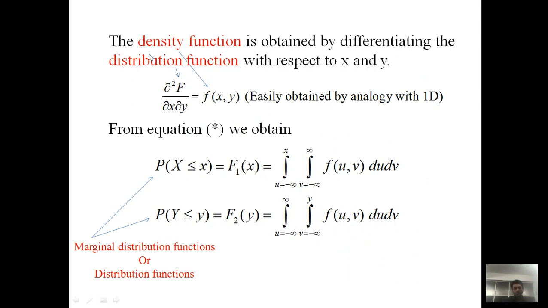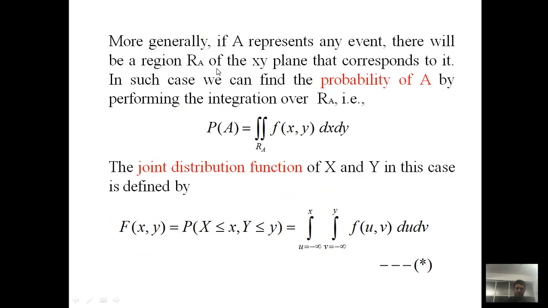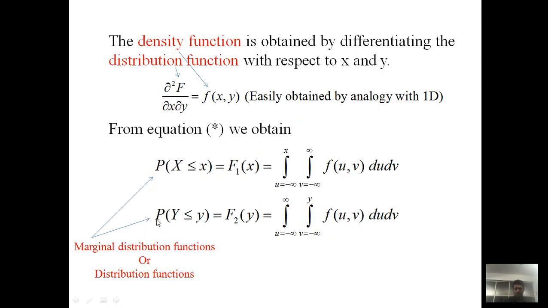Next we have to talk about the density function. The density function is represented by small f of xy and is obtained by differentiating the distribution function. The distribution function is represented either in this manner, probability of X less than or equal to x, Y less than or equal to y, or simply capital F of xy. So this is the joint distribution function.